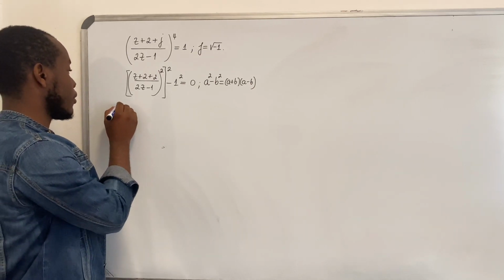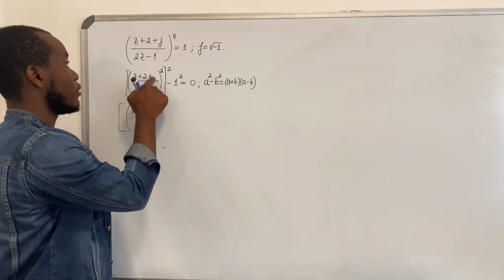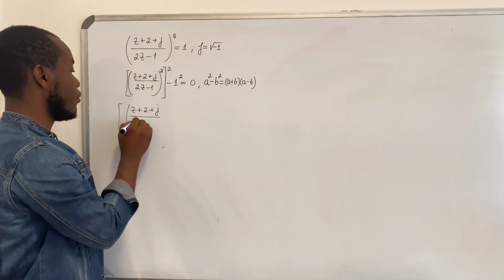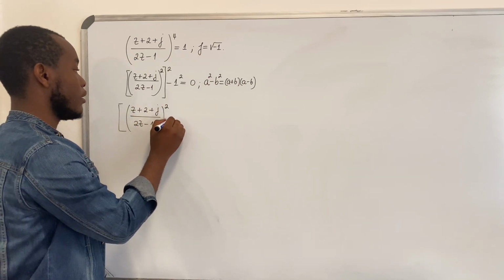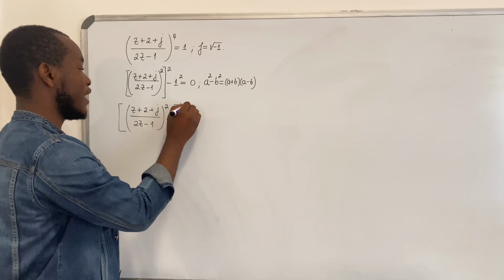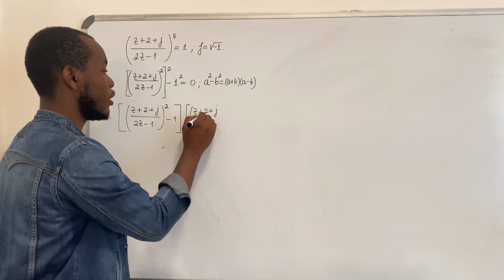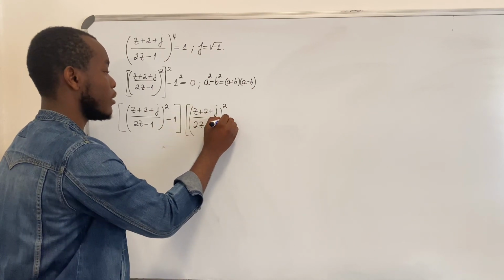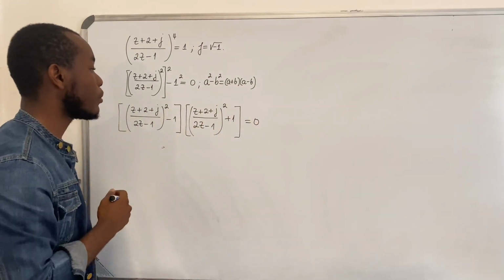So I'm going to have ((z + 2 + j) over (2z - 1)) squared minus 1, times ((z + 2 + j) over (2z - 1)) squared plus 1, equal to 0 according to this rule.